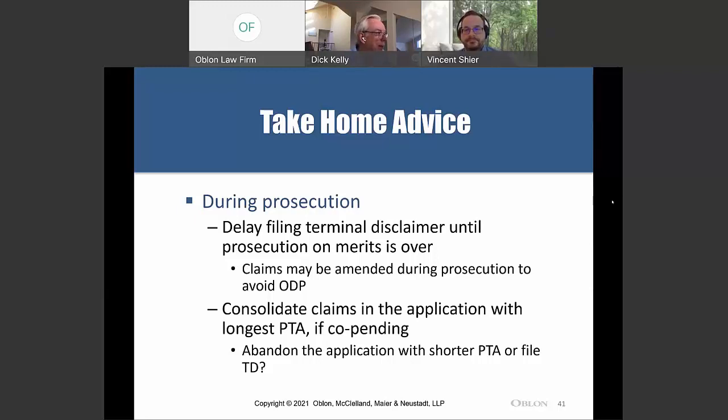Now, I believe that may be the reason that the court in Mitsubishi Tanabe did not consider the safe harbor provision of 121, because there was a continuation in that chain.